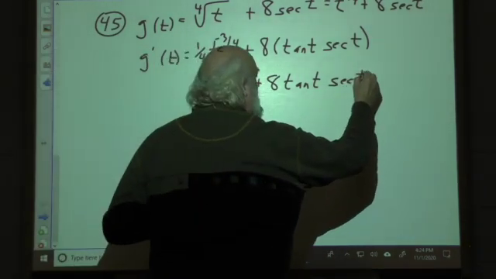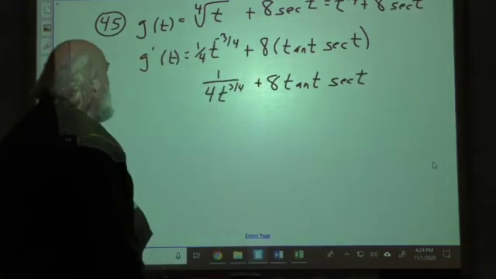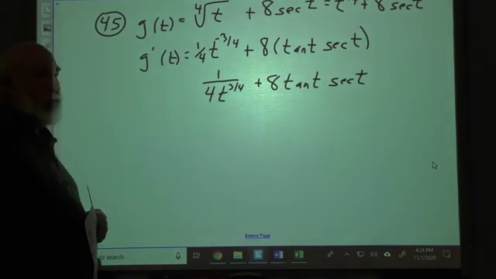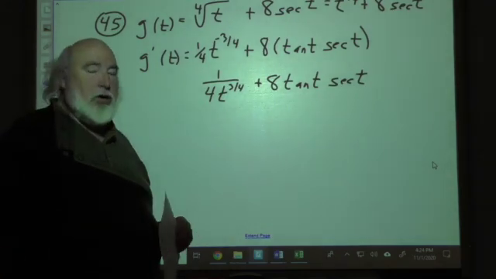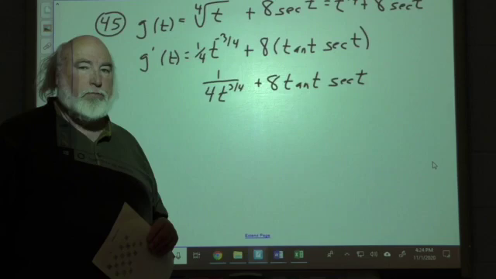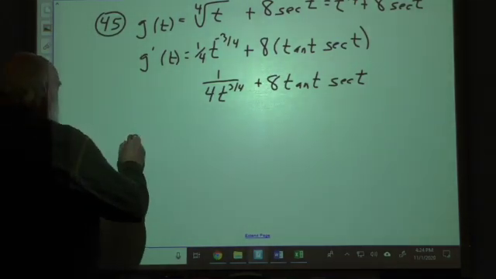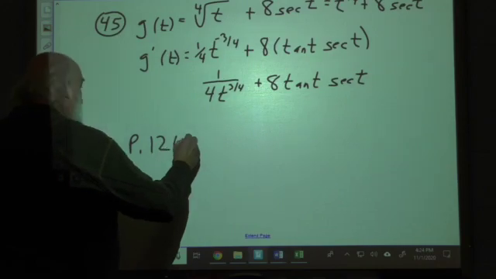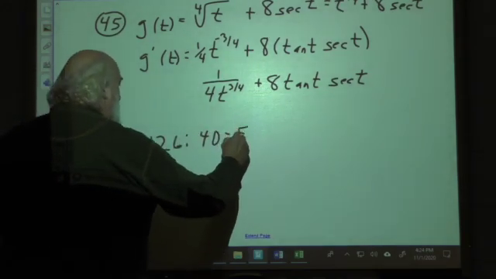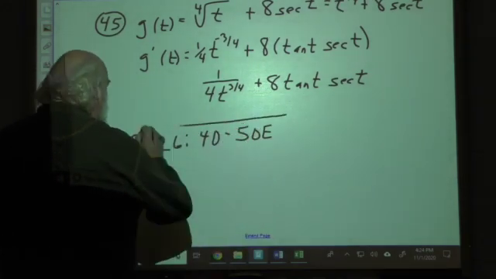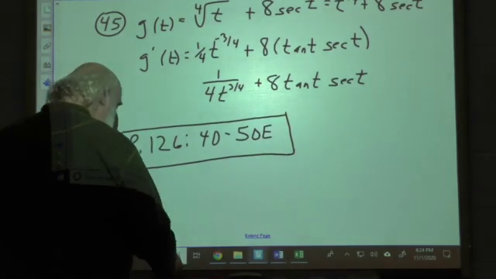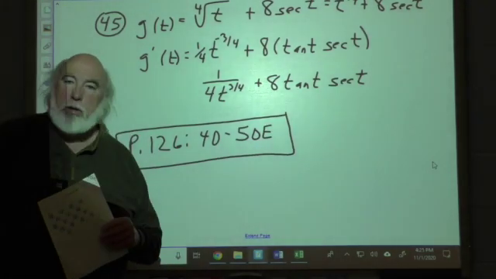You don't have to, it's implied multiplication when you don't. So there's your answer right there. That's how you deal with trigonometric derivatives. Your assignment, page 126, 40 through 50b. Good luck.